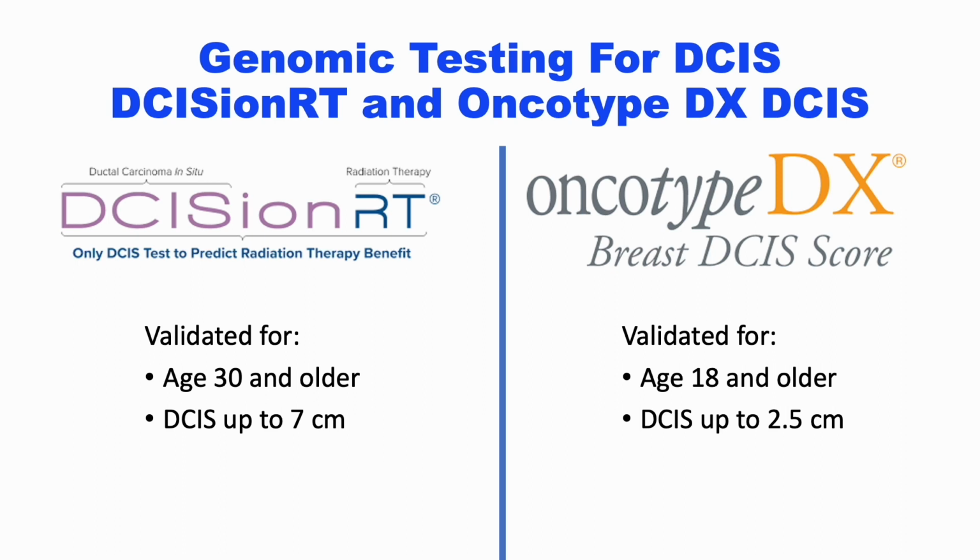DecisionRT is validated for women age 30 and older with DCIS measuring up to 7 centimeters. Oncotype DX DCIS Score was validated for women age 18 years and older with DCIS measuring up to 2.5 centimeters. Although these tests were not validated in patients treated with cryoablation, one can reasonably infer that the tests would be applicable for estimating the benefit of radiotherapy in comparable women treated with cryoablation.